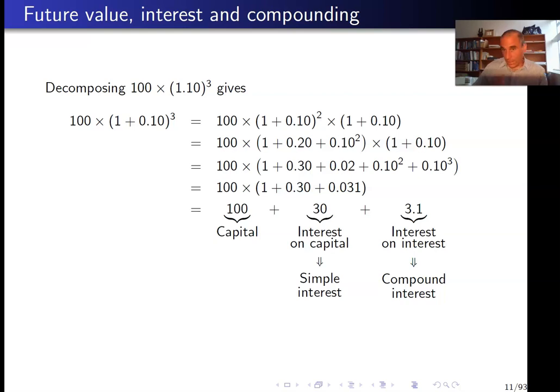That's the interest that the first $10 of interest has received in periods 2 and 3, and it's also the interest on the second $10 received in period 2 during the 3rd period. So 3.1 is interest on interest.